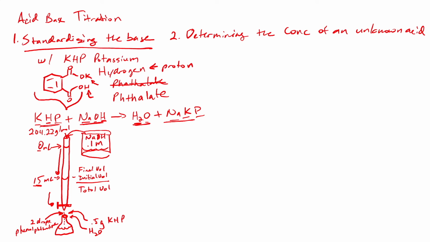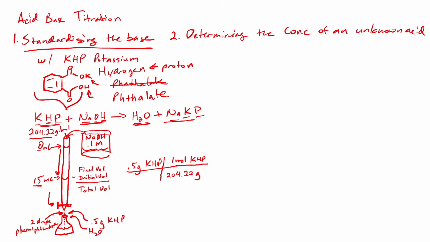Okay. First, you do your molar calculation, right? So you had 0.5 grams of KHP, and for every mole of KHP, we put there the molecular weight, which is 204.22 grams, right?